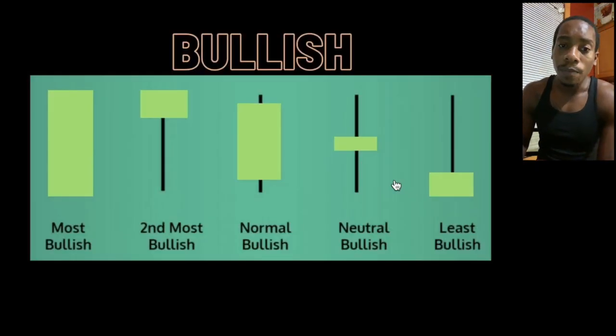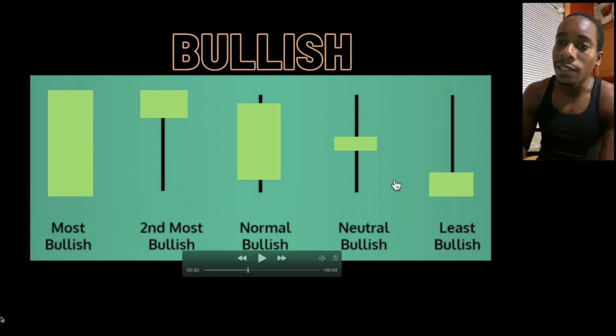Here's an example of some bullish dojis. Very important. Get used to these types of candlesticks. Familiarize yourself with them. Understand it, because once you see these candlesticks, you would know what is happening, when to enter and when to exit.